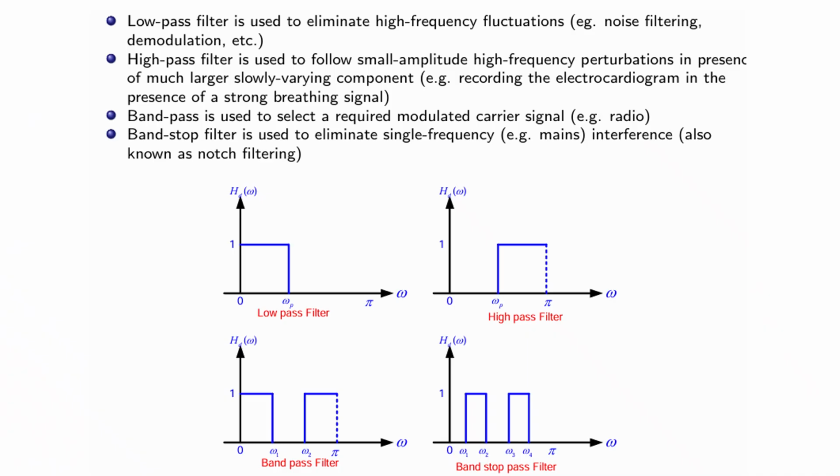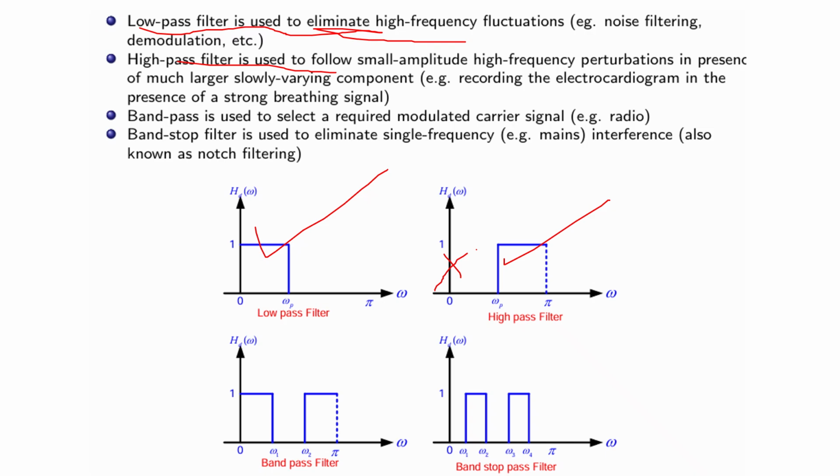Okay, so before that, what are the types of the filters we are going to design? The low pass filter means it will eliminate the high frequency, and high pass filter means it will pass the high frequency and it will eliminate the low frequency, right? A low frequency it will not pass.